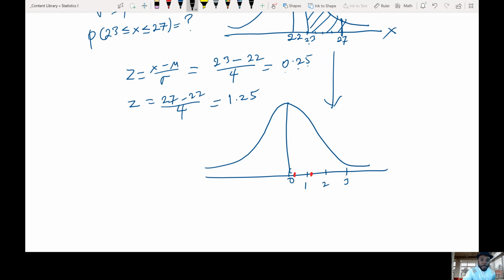And that means that our area of interest is this. So this is our probability of interest. That's the area we want to find.